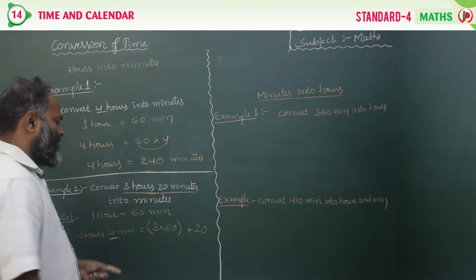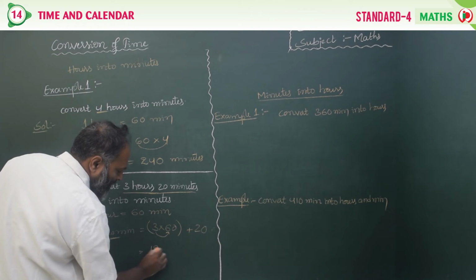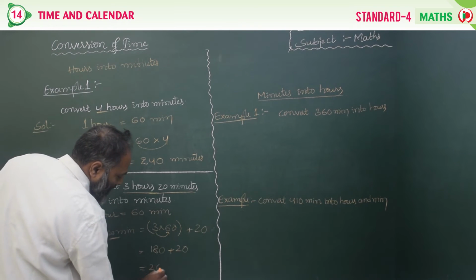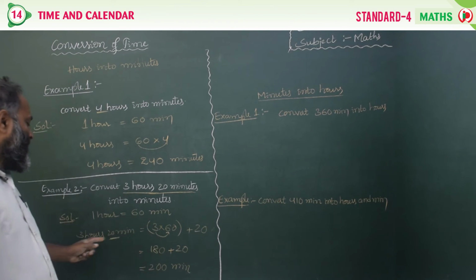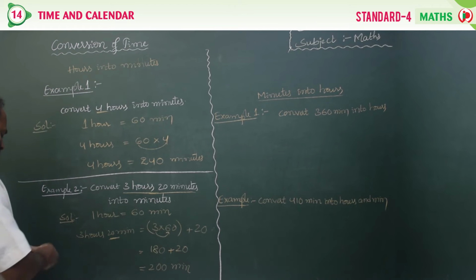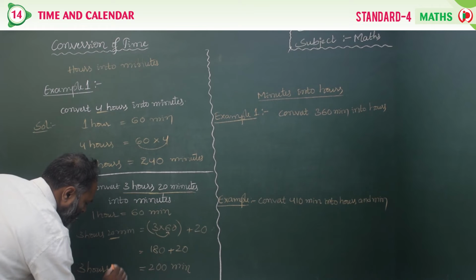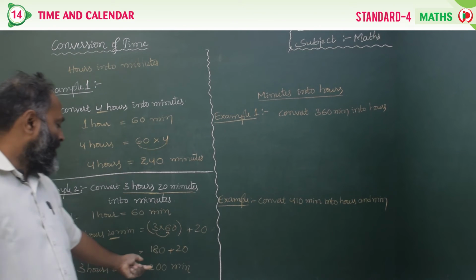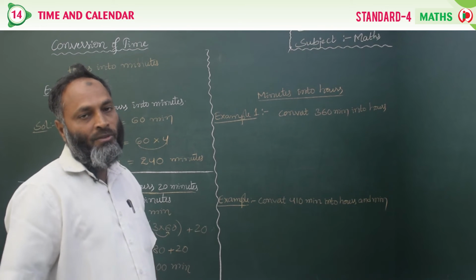How to multiply? 3 sixes are 18, and 1 zero is there, that 0 we should keep, and plus this 20 minutes we should add. 180 plus 20 is 200 minutes. So 200 minutes makes 3 hours 20 minutes.